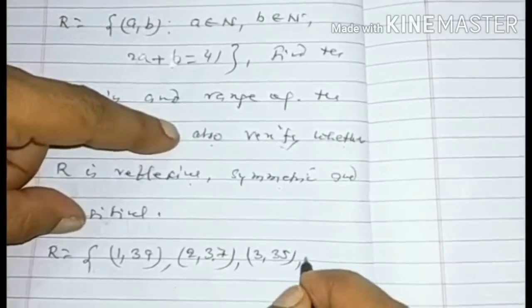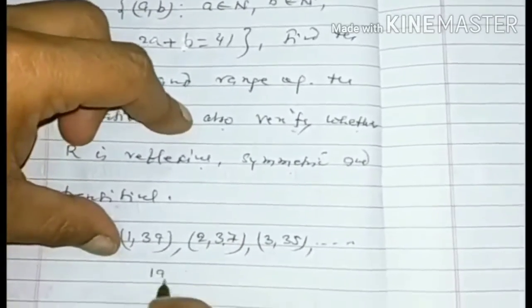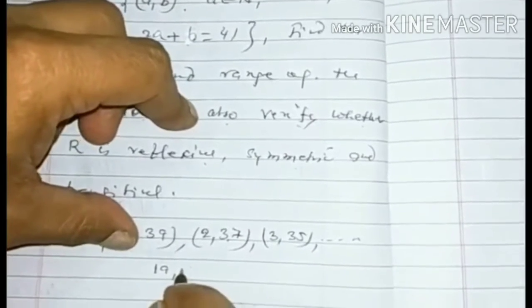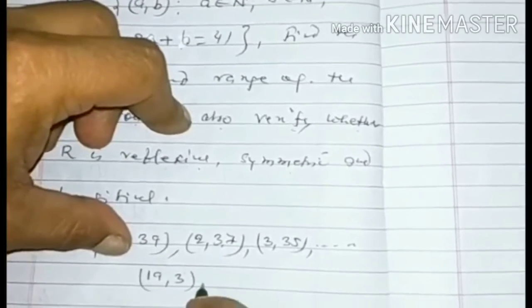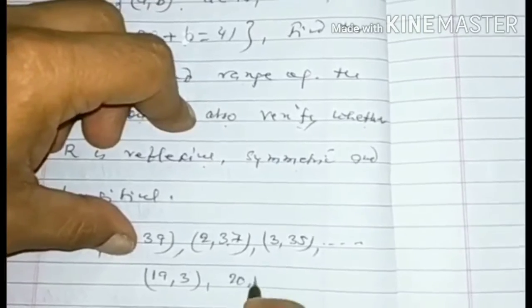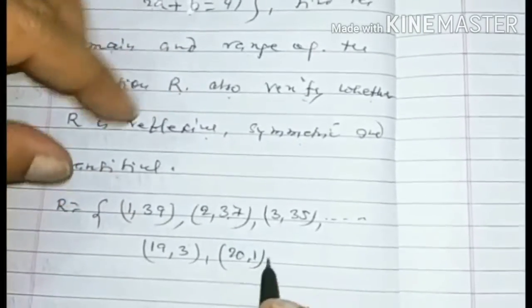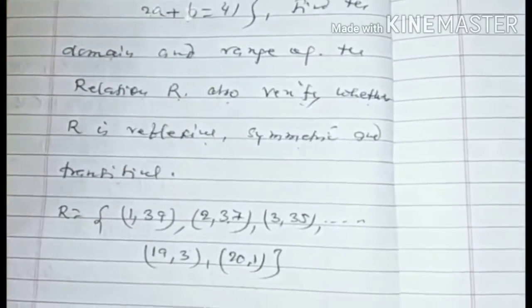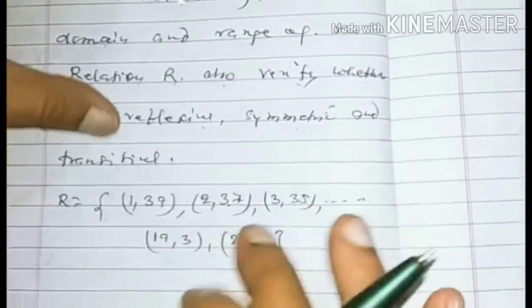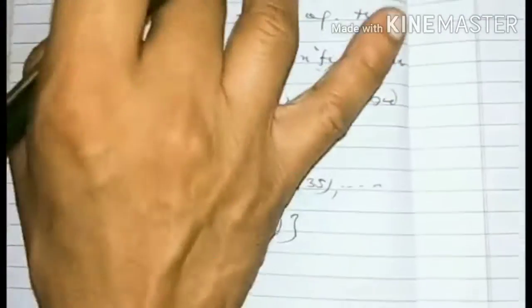Similarly, we go up to (19, 3) and (20, 1). This is the last ordered pair. This is the relation established over these conditions.